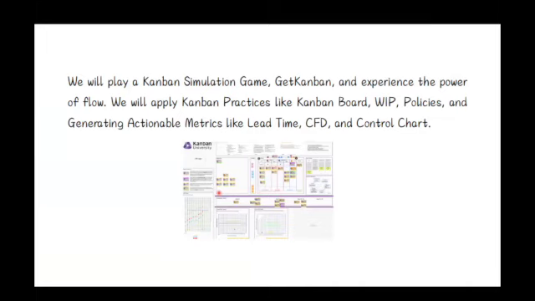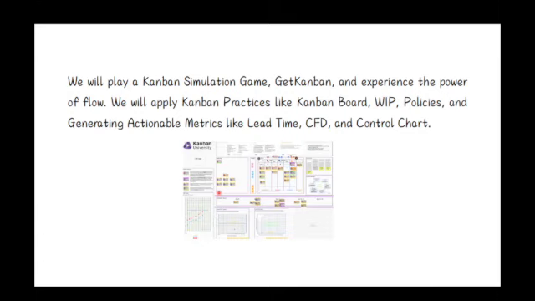So as I discussed earlier, we play a Kanban simulation game. It's called Get Kanban, where we experience the power of flow. We understand what the Kanban practices are, how you implement work in progress limits, what if you remove the WIP limits, what if you have infinite WIP limits, how will the system behave, will you do better delivery, or will your team get overburdened?